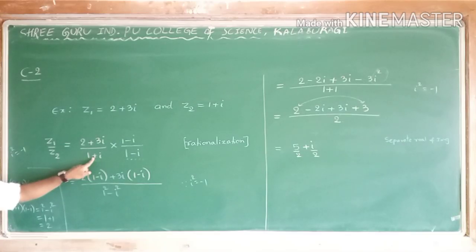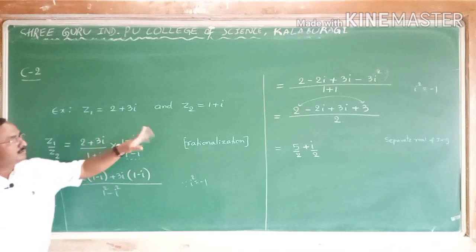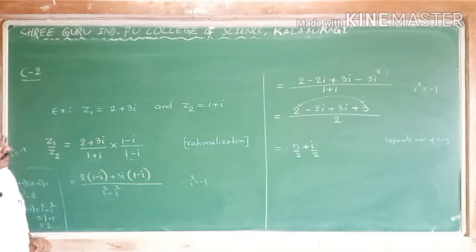That is rationalizing. Denominator: a plus b, a minus b formula gives a square minus b square. 1 plus i, 1 minus i: 1 square minus i square. The i square value is minus 1, minus minus plus, so the denominator is 1 square plus 1 square, that is 1 plus 1 is 2.